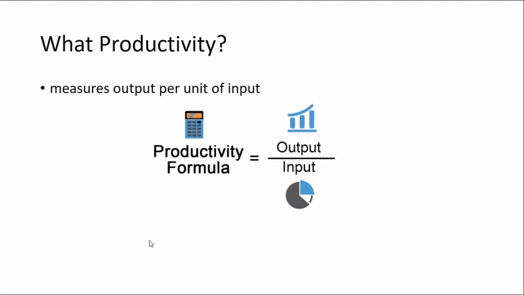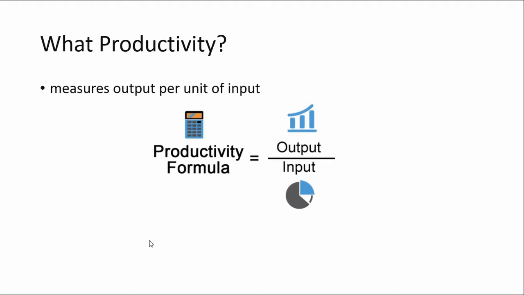Basically, efficiency comes from productivity. Productivity can be measured by output divided by input, depending on what kind of input. If the input is labor, we call it labor productivity. If the input is capital, we call it capital productivity.